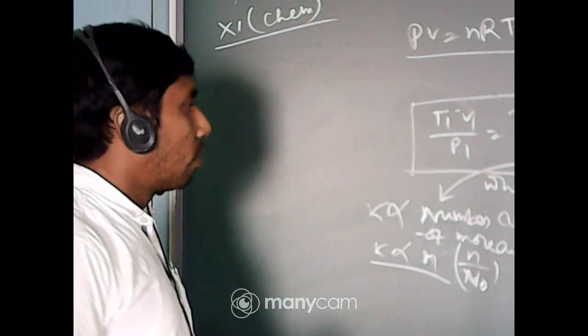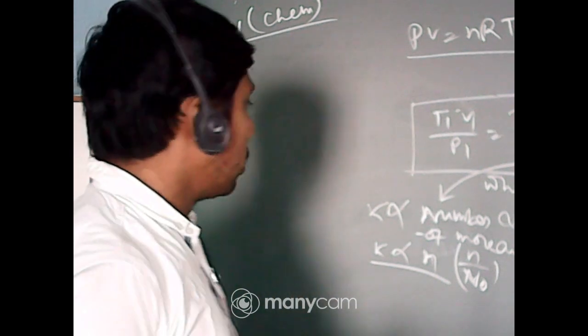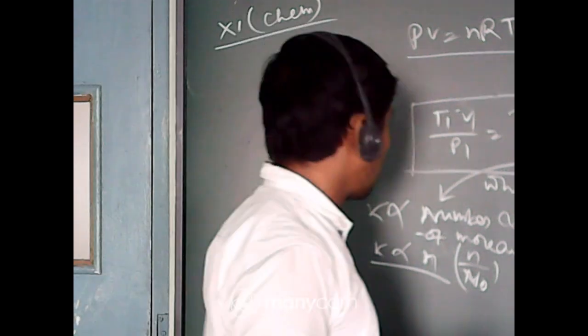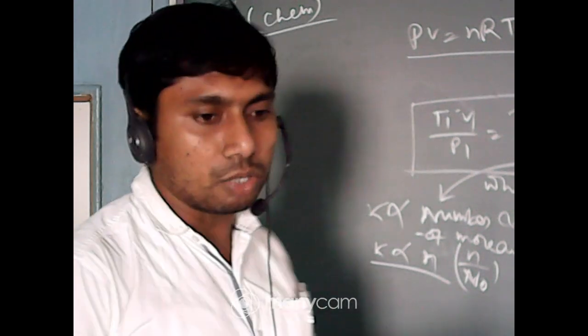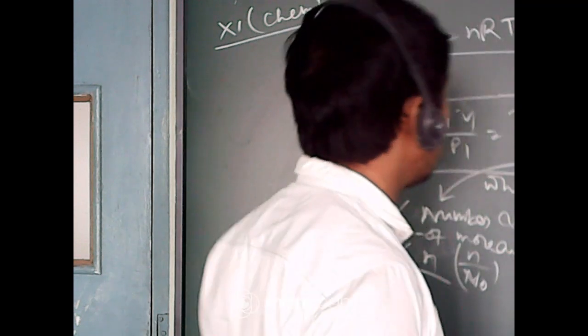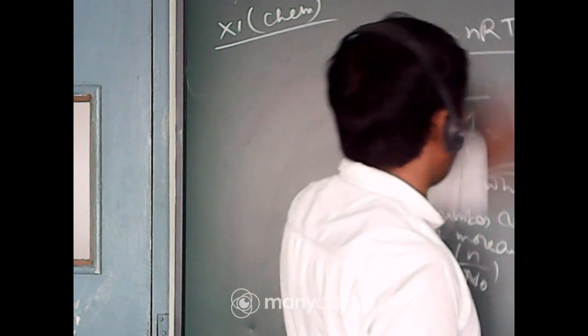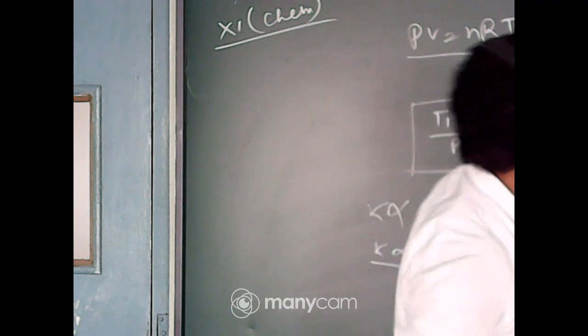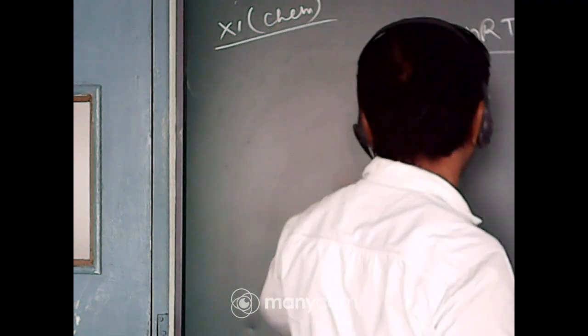This is another form to prove the ideal gas equation. The first method was easier: when all the parameters are changed, we get the ideal gas equation.